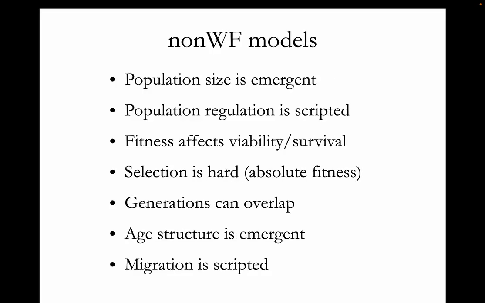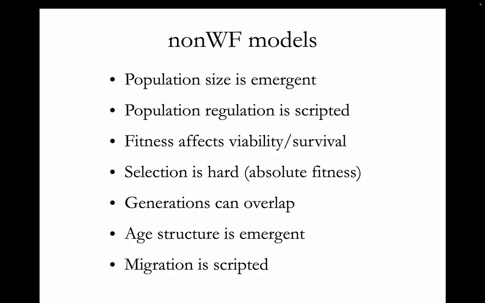Non-Wright-Fisher models, or non-WF models, are kind of the opposite in every way. Population size is an emergent property of the model, resulting from the balance between births and deaths in the model. This means that population regulation in non-WF models is scripted. Your Eidos code governs who is born and who dies, and so you need to think a little about the ecology of your system and what regulates the population size.